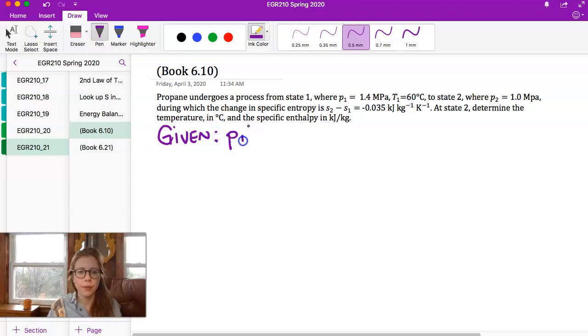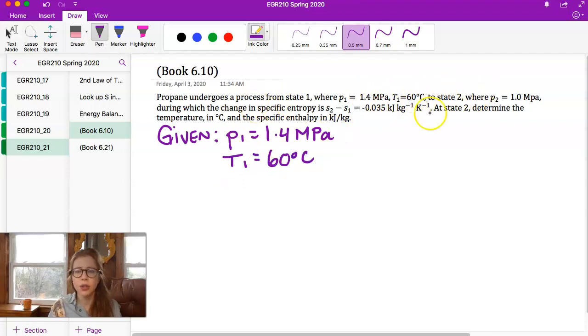So P1 is 1.4 megapascals. T1 is 60 degrees Celsius. To state 2, where P2 is 1 megapascal.